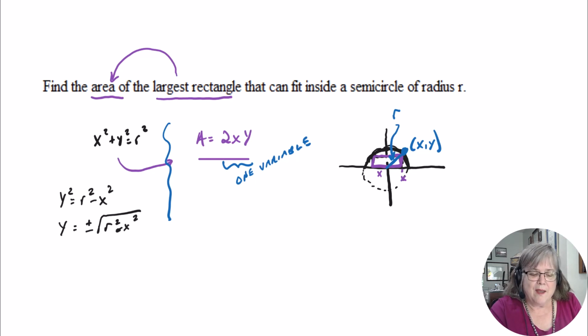Okay? And since we want the top part of the semicircle because we chose that to make life easier, it looks like this. Now, we haven't really talked about this yet, but this is a good place to stop and talk for just a second.